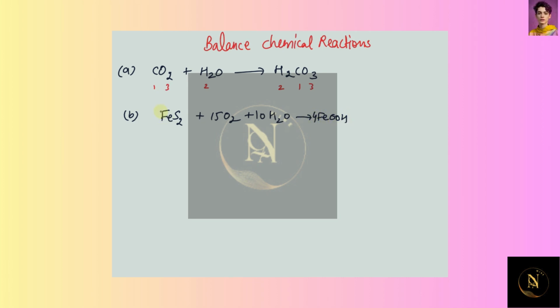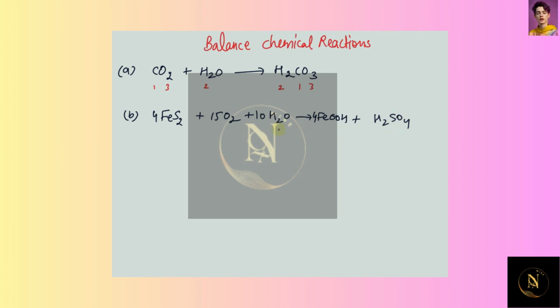So here there are also 4 moles of FeH2. We have to predict all the other products that will be formed. This reaction forms two products. One is limonite, that is FeOOH, and the second will be sulfuric acid, that is H2SO4. Now balance this chemical reaction.